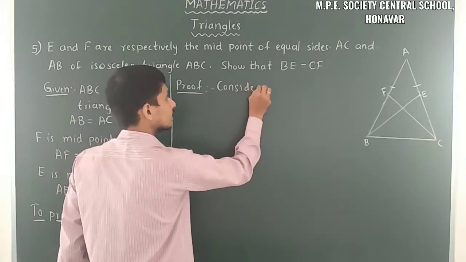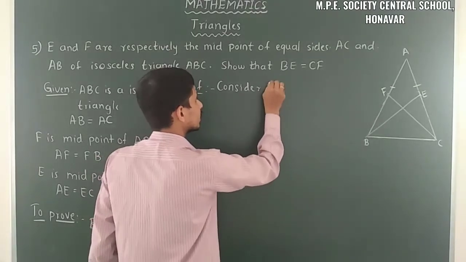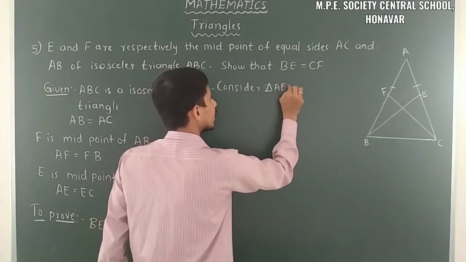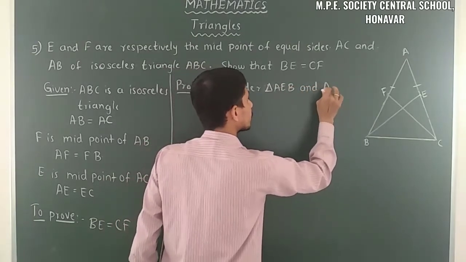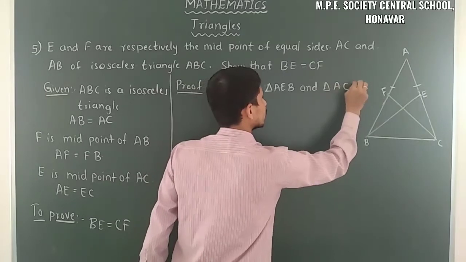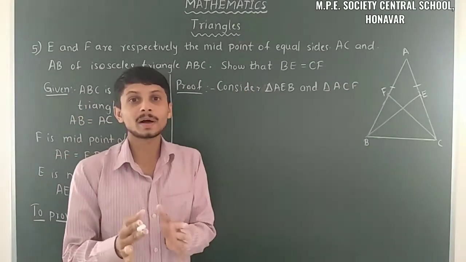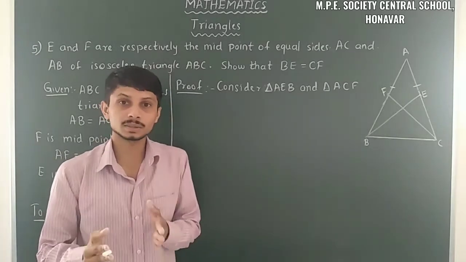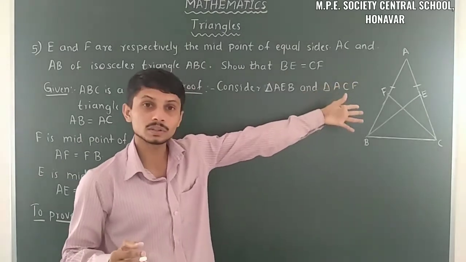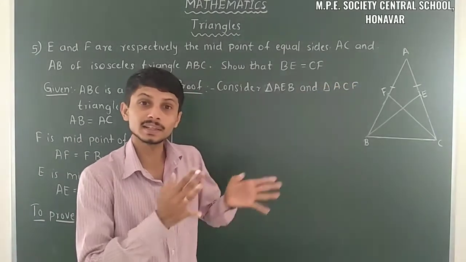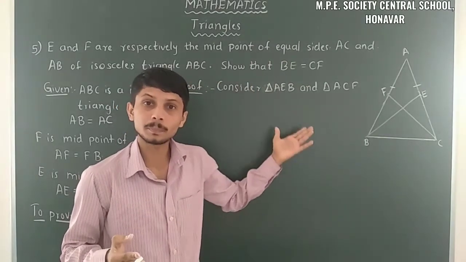Consider triangle AEB and triangle ACF. In that we have to take some corresponding parts that are equal. What are those corresponding parts? We already know that AB is equal to AC. AB and AC are corresponding parts of those two triangles.